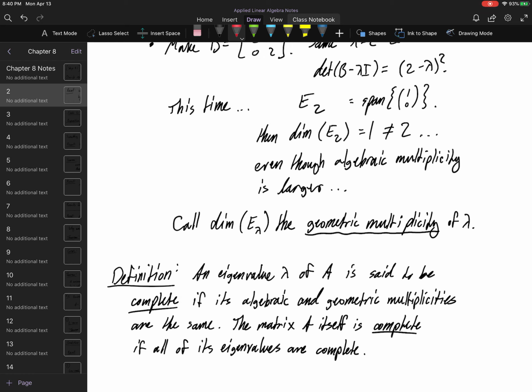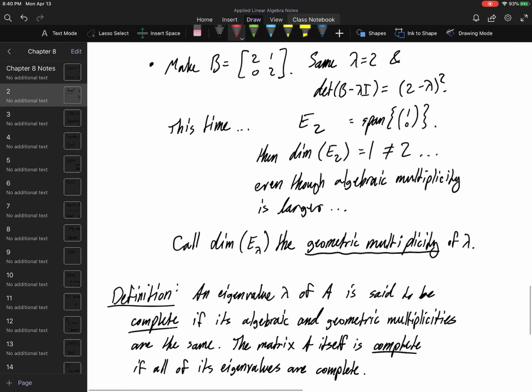So we make a definition to distinguish when we can do this. An eigenvalue lambda of A is said to be complete if its algebraic and geometric multiplicities are the same. And the matrix A itself is complete if all of its eigenvalues are complete.